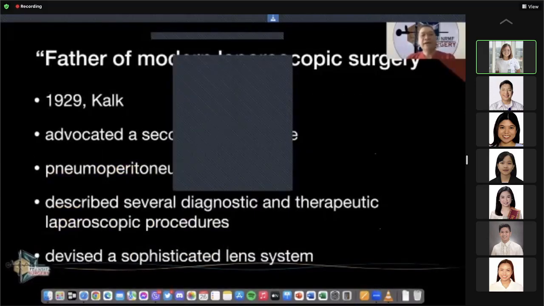In 1929, Kalk advocated a second puncture site, meaning this time he wanted to use laparoscopy for therapeutic purposes. He devised certain lenses and introduced pneumoperitoneum, meaning you introduce air into the peritoneal cavity, and different types of lenses to make things clearer.